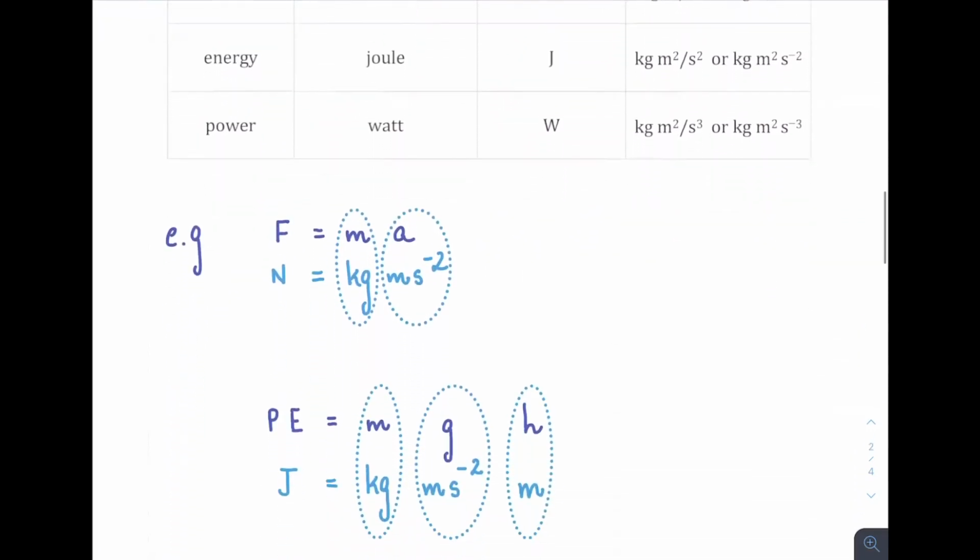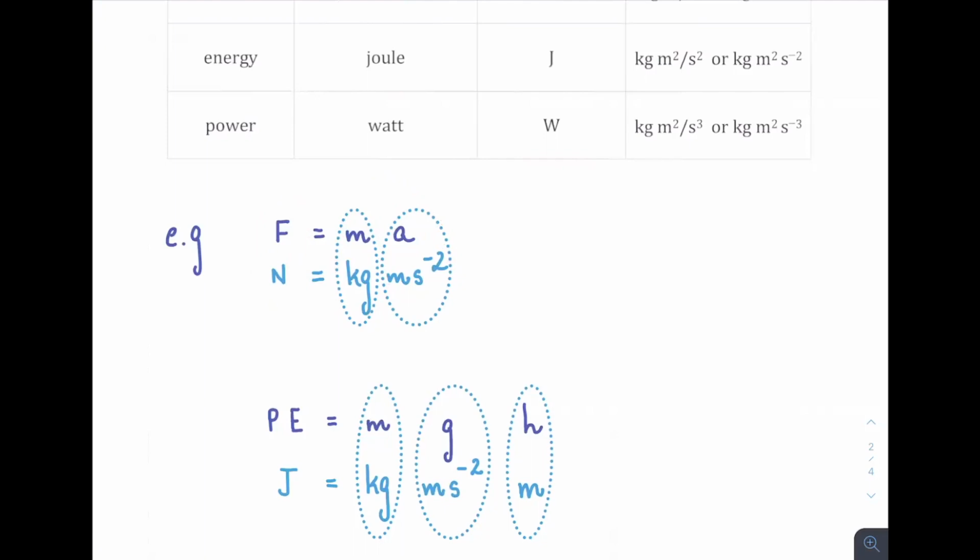And here is how. So we know that the equation from Newton's second law, we get F is equal to ma. Now the force in newtons, the mass in kilograms, and the acceleration in meter per second squared.